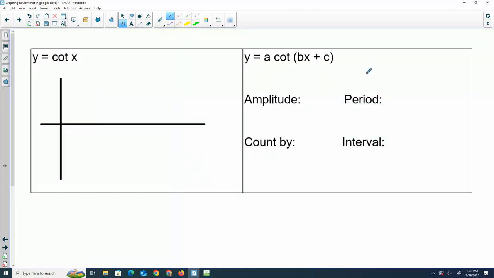So cotangent. Amplitude and count by are the same; period and interval are the two things that are different. Amplitude is still the number out in front. Period is like tangent. Tangent and cotangent both have a normal period of pi, so it's pi divided by the number in front of x. Count by is always period divided by 4. What interval do we use for cotangent?